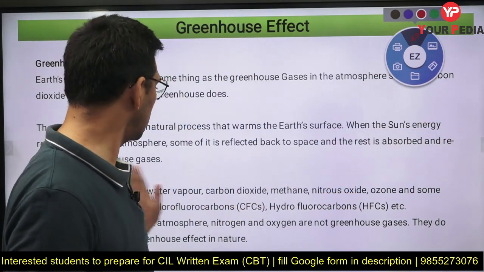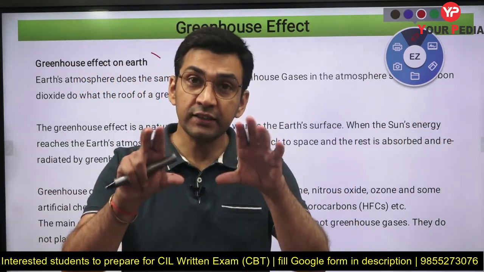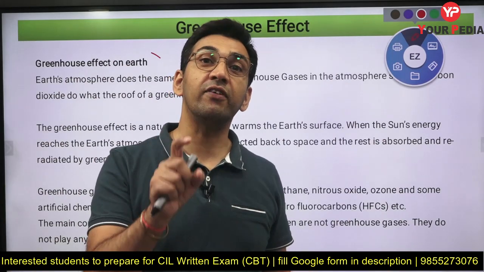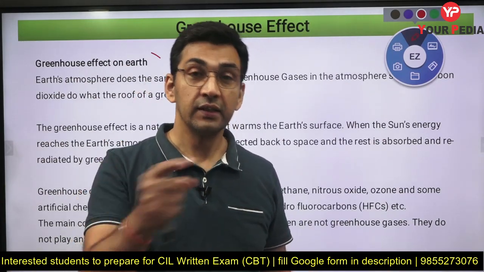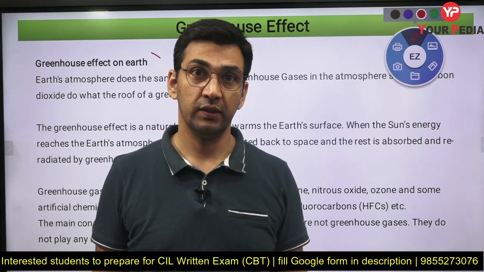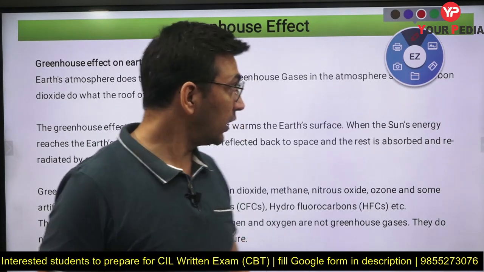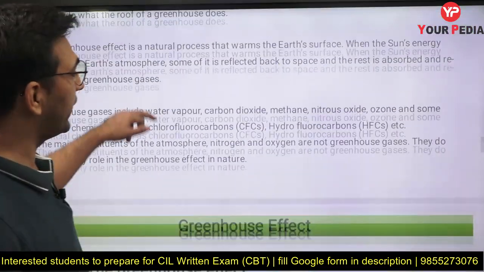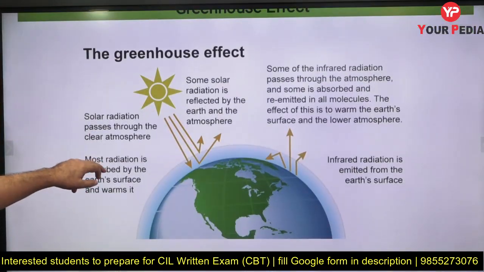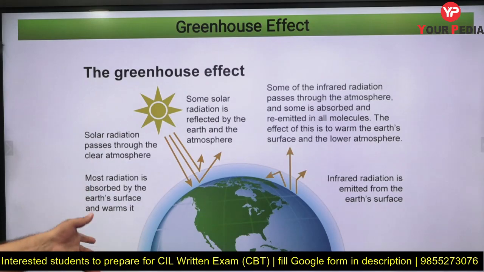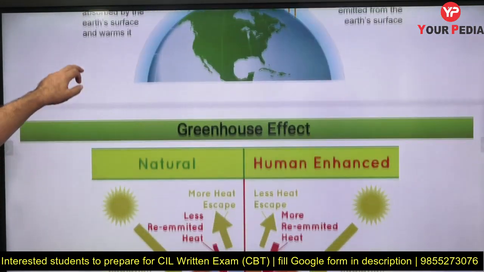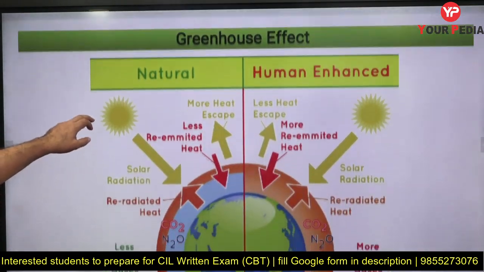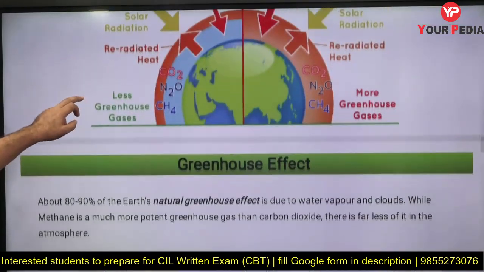Now the crux of this is that even Earth's atmosphere can behave like the glass that we used in that greenhouse. Now, if that is the case, then what is going to happen? You will say, obviously, if it behaves that way, then the overall temperature of the Earth's atmosphere should increase, and that is how it is happening.